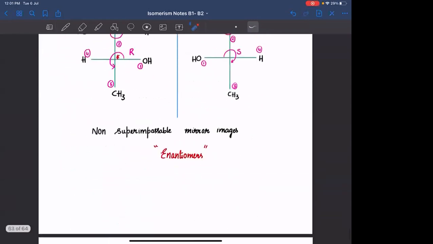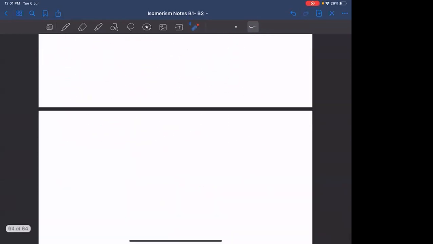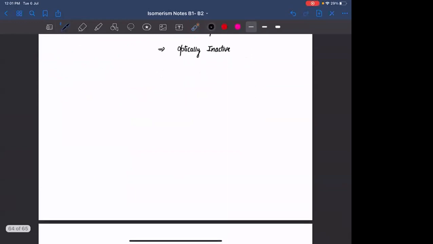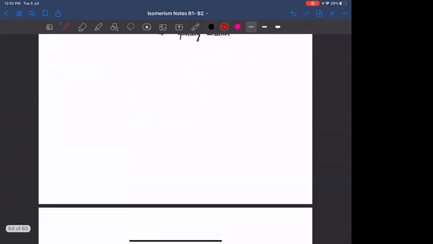So overall हमने जितना भी पढ़ा है उसका conclusion के लिए लिखते हैं. Let us list out conclusions. Chiral compounds with chiral carbons.